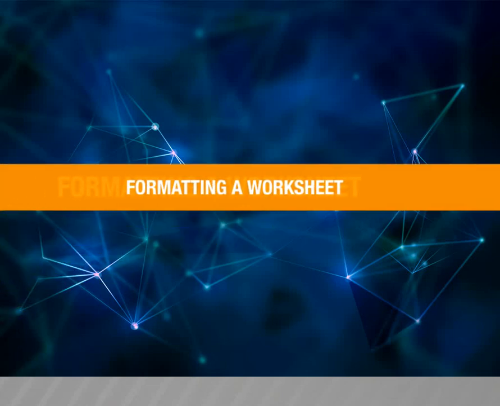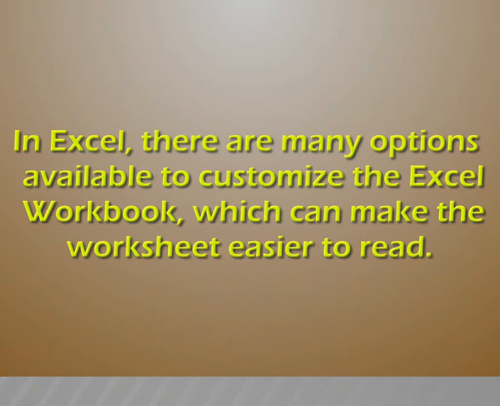Formatting a worksheet. In this video, we are going to see how to format a worksheet. In Excel, there are many options available to customize the Excel workbook, which can make the worksheet easier to read.